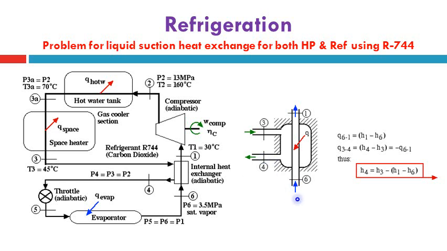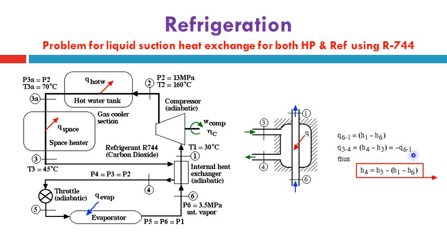However, the suction, which is the outlet of the suction line entering the compressor and which came from the evaporator, has gained heat from this gas to be cooled at high temperature. So Q61 equals H1 minus H6, where H1 is higher than H6, and Q removed from the gas side equals Q34 equals H4 minus H3.